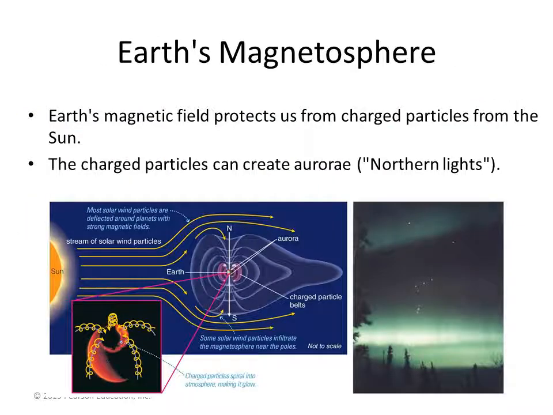Here's a diagram and then, of course, a photograph of the Earth's magnetosphere or magnetic field. It protects us from charged particles from the sun, so that's a good thing. And of course, it can display what we call northern lights. Here, the aurora borealis. In the southern hemisphere, it's called the aurora australis.